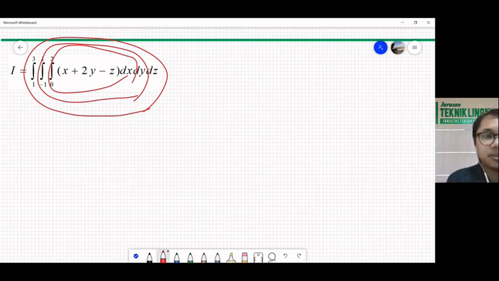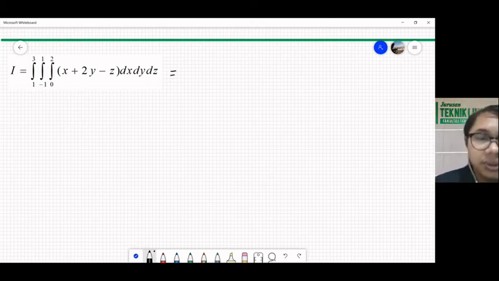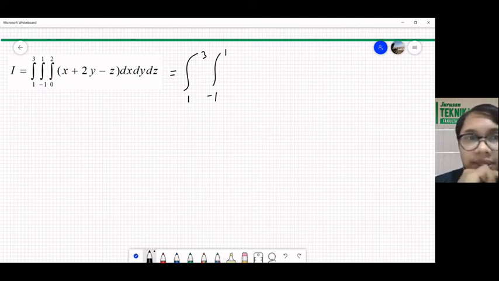So the sequence for this integral is we solve dx and dy, and after that we finish with dz. Now we just rewrite the integral for 1 to 3 and minus 1 to 1 because it's part of dy and dz.